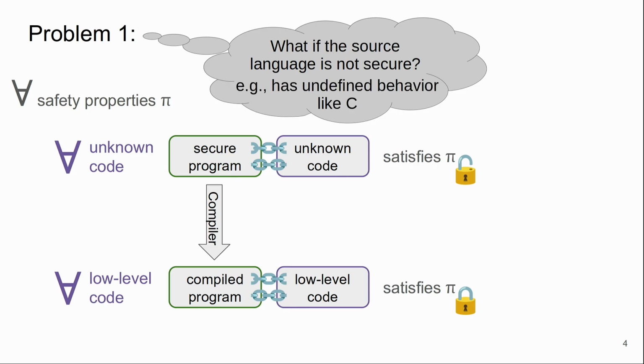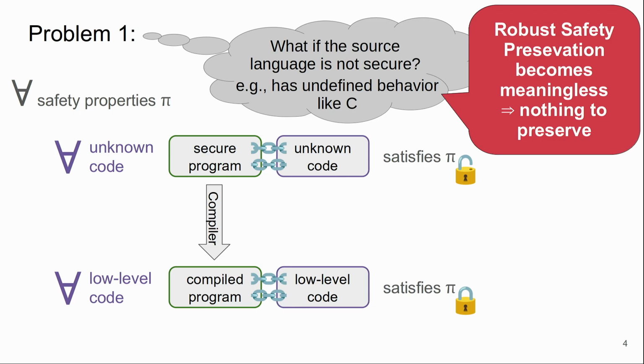It could even have undefined behavior, like, for example, C. Then this unknown code here can exploit undefined behavior so that no interesting safety property holds robustly anymore. Then robust safety preservation becomes meaningless because there's simply nothing to preserve anymore.